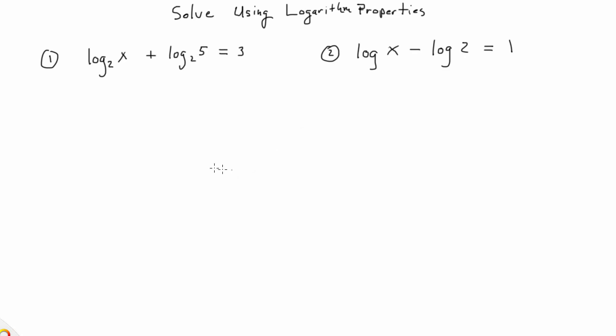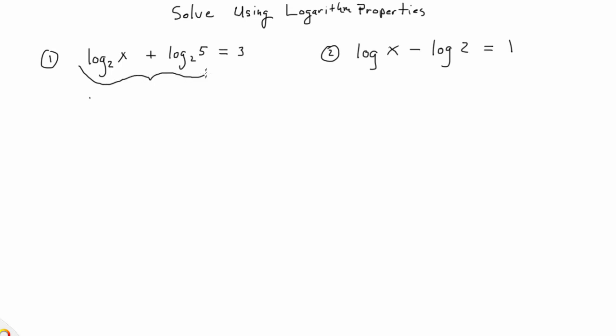All right, well, we have some logs here. And notice one of our logs has an x inside the log here. So at some point, we're going to have to do some rewriting, but we can't do that yet because of this little guy over here. So I'm going to try to take these logs and combine them. Since I see an addition, that means I can change both of these logs again into one log.